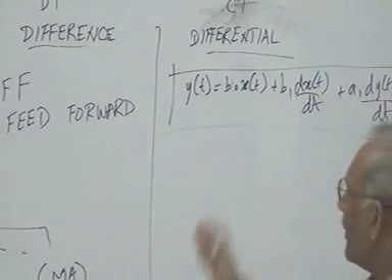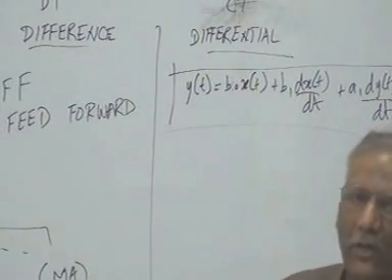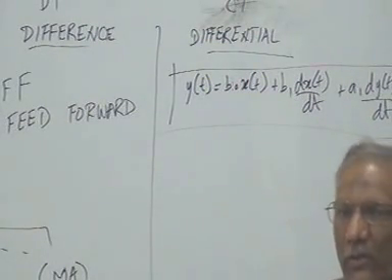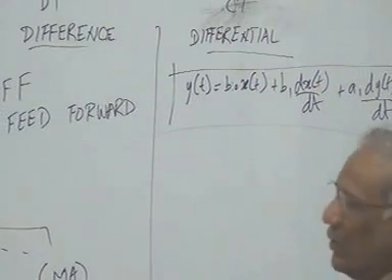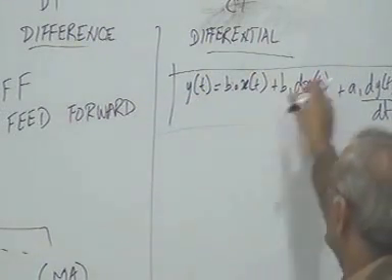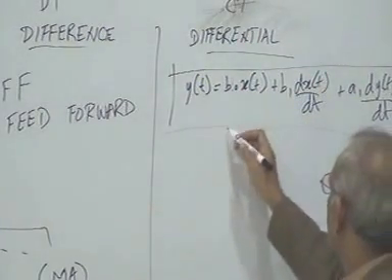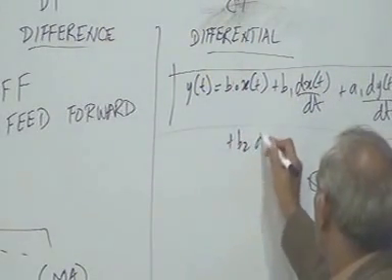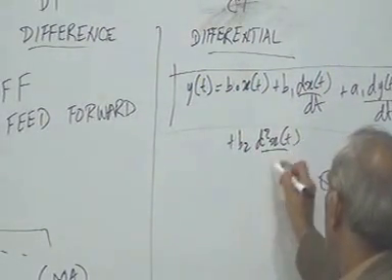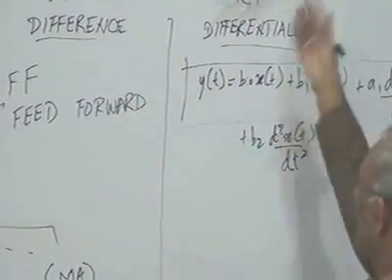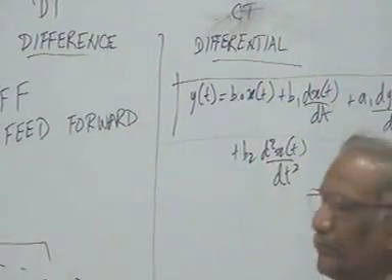Whatever is the highest order of differential, we call the differential equation being of that order. So in this particular case, this will be a first order differential equation. Now in case we had another term, let's say plus b2 d square x(t) by dt square, this will be a second order differential equation then.